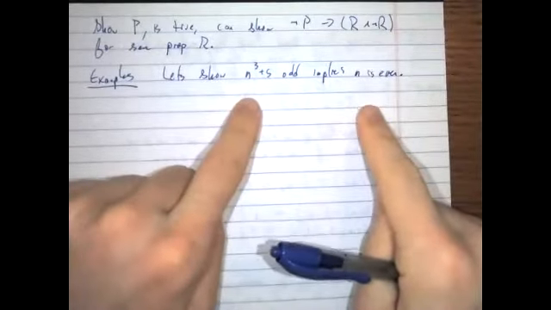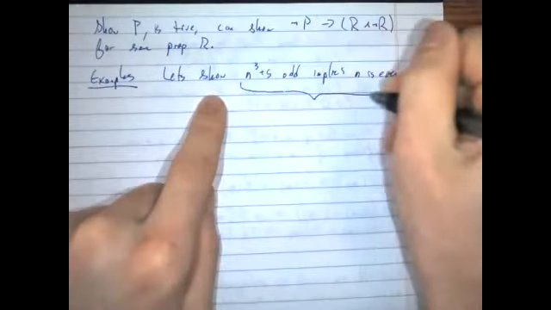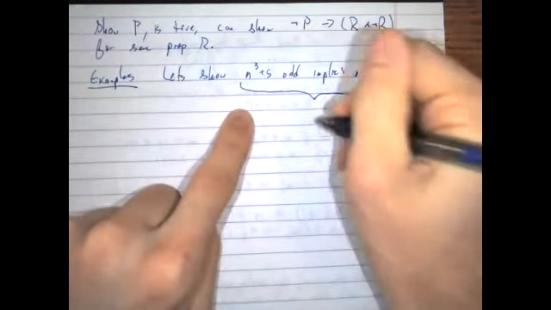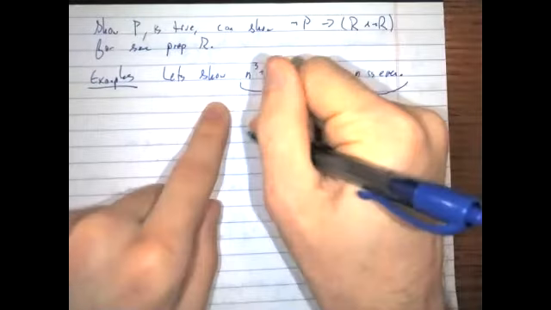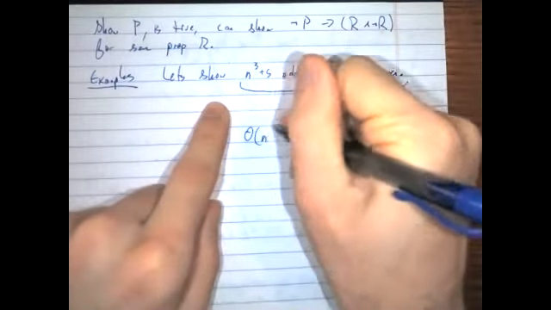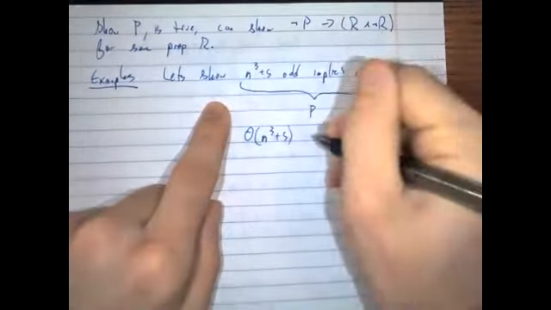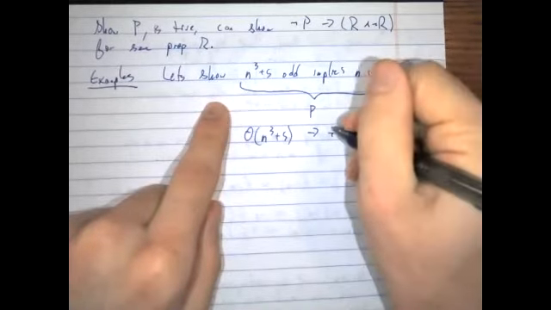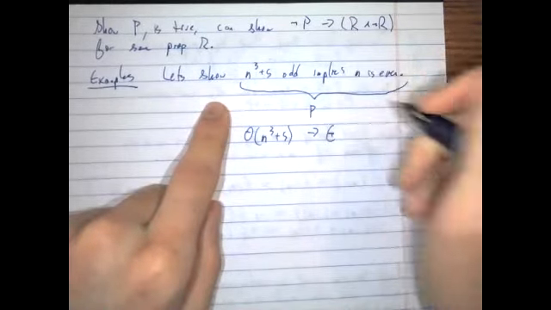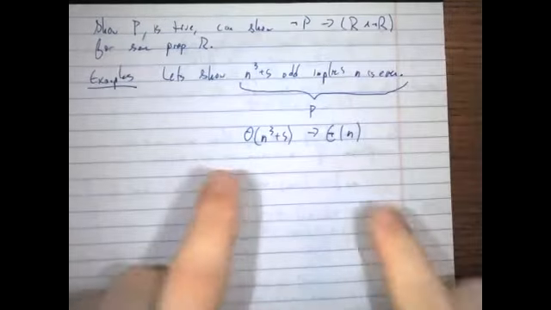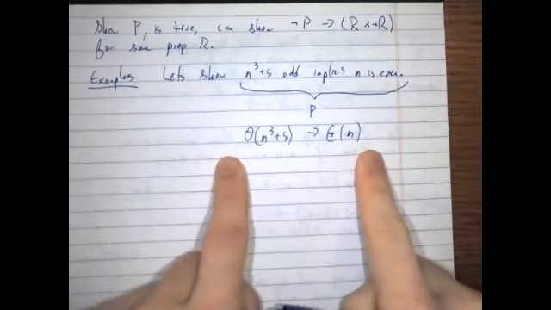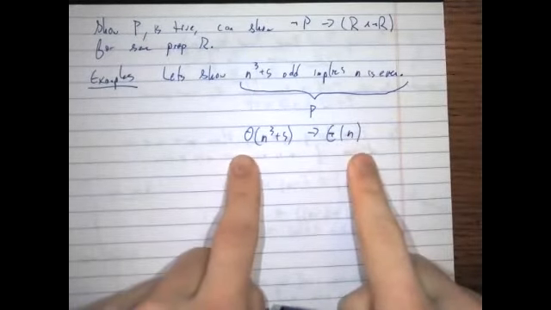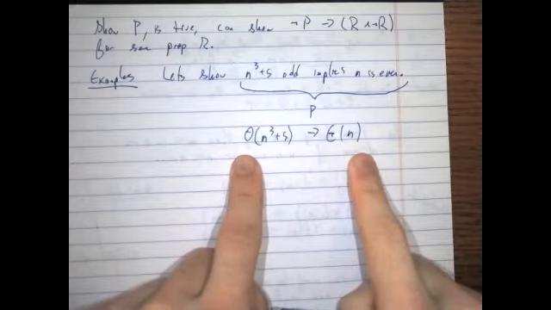Okay, so in this case, this whole thing right here is P, or in other words, O of n cubed plus 5 implies not O, or E, I mean, it doesn't really matter, I'm just writing it out this way, E of n. This whole thing right here is the proposition P that I want to prove to be true.